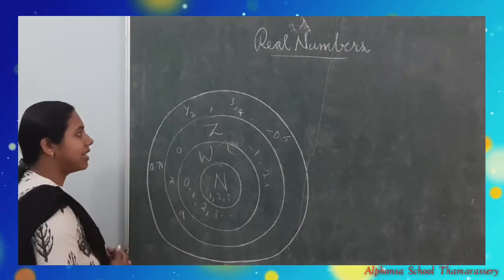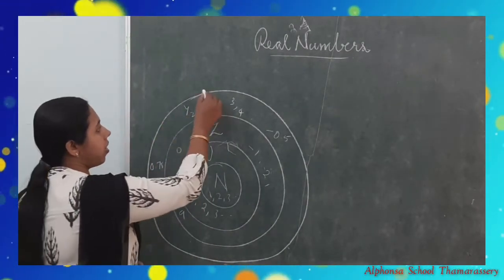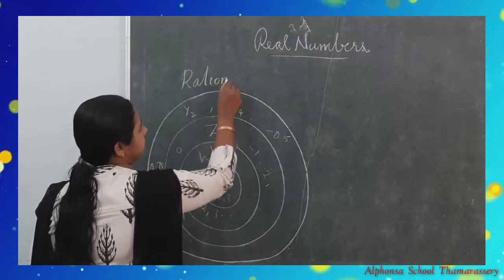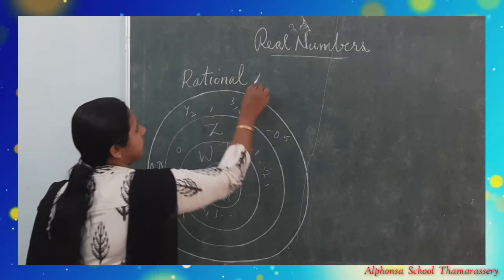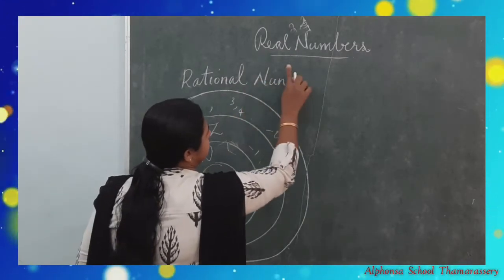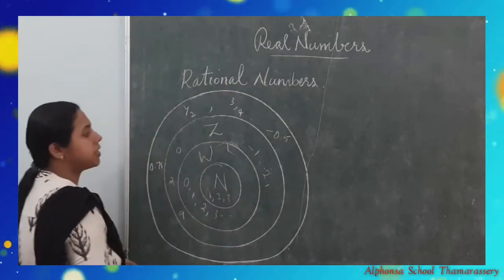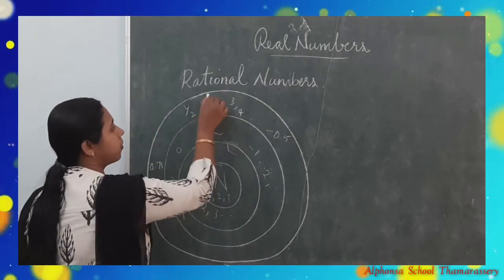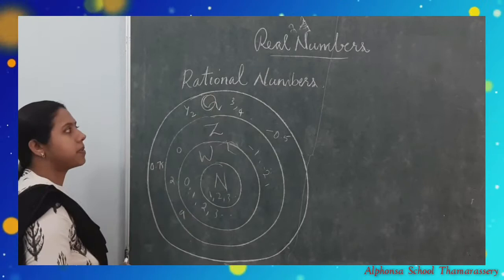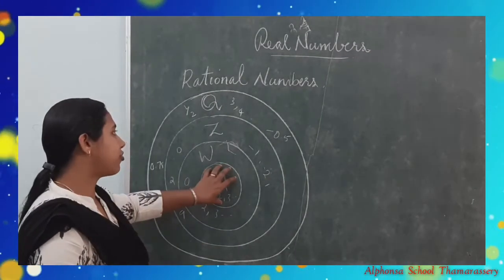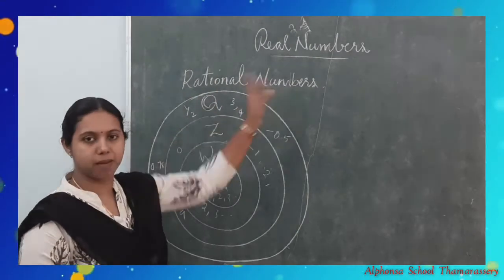So we get another set, known as rational numbers, represented by the letter Q. So all natural numbers are rational numbers.